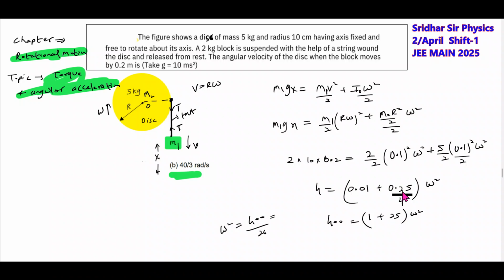This will become 25 by 4. Huge calculations will be there. This will become 29. Omega square will be 1600 by 29.